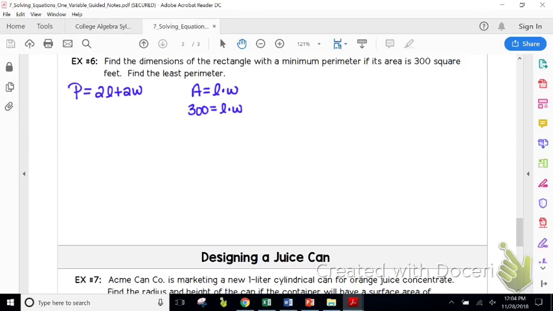So let's solve the area equation for one of those variables. We're going to divide by L, and so the width is equal to 300 over L, right?